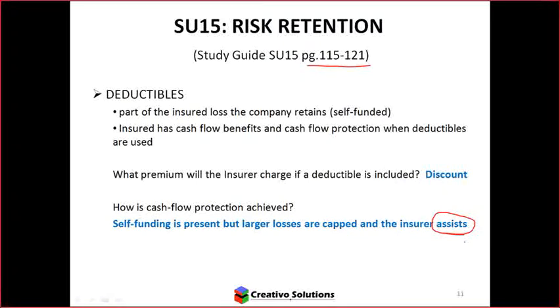What does the deductible do? It helps cash flow, because I'm going to be paying a lower premium, because you're comfortable self-funding a certain amount of the loss. If the loss is excessive, who pays for the loss? The insurer, because they pay the amount exceeding that deductible.